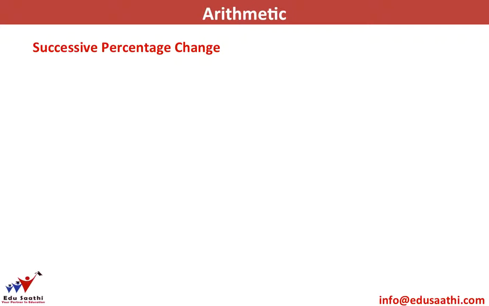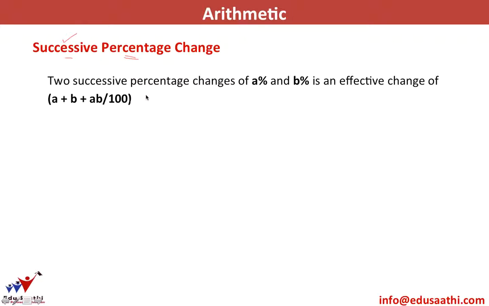Let's talk about successive percentage change now. As the name suggests, it is not a single percentage change, it is percentage change over a percentage change. So I'm doing a percentage change numerous times.